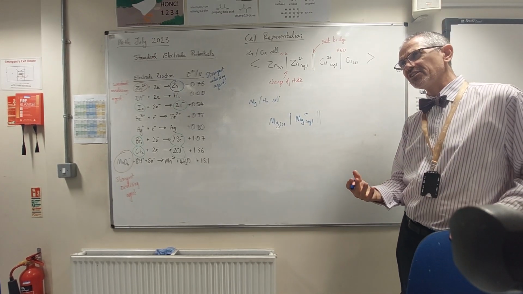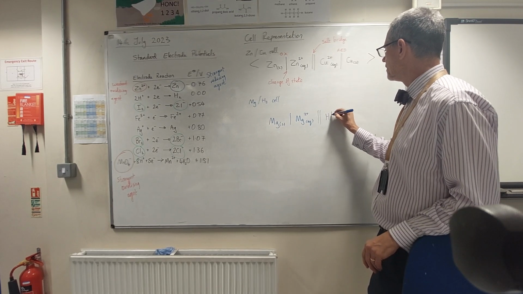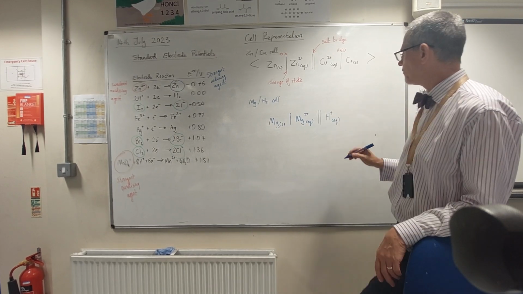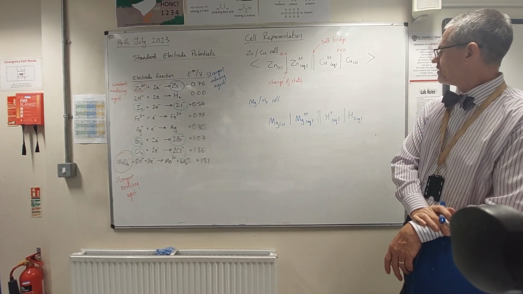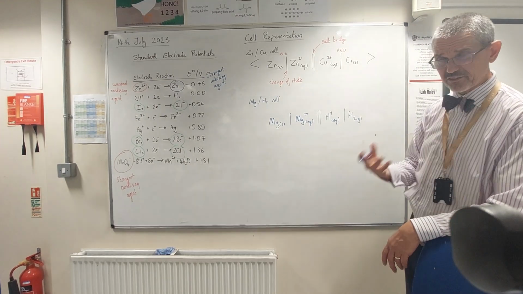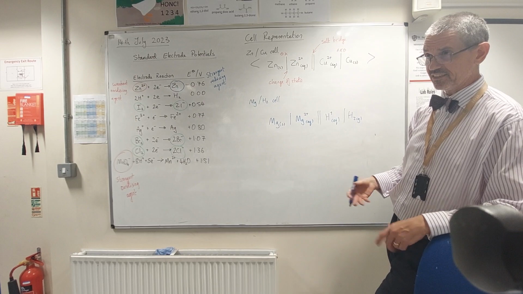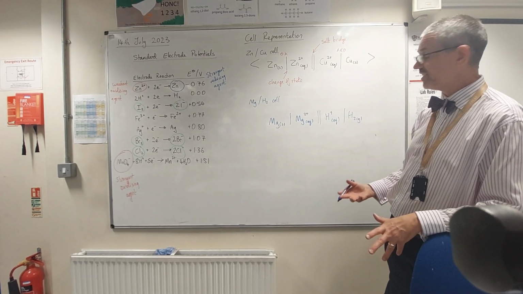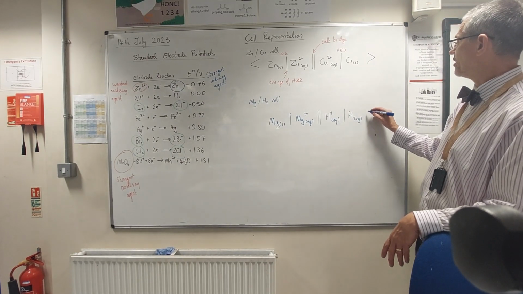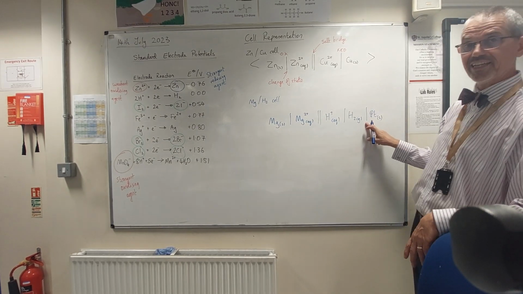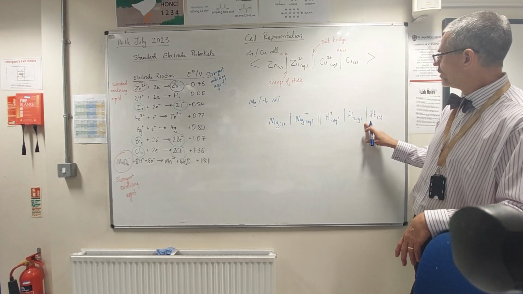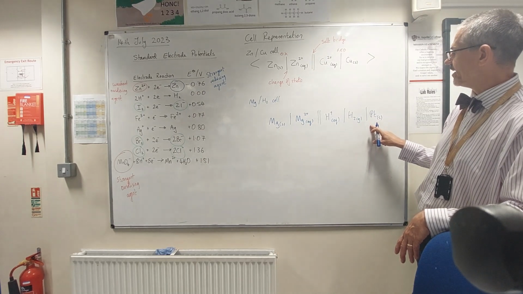What do we have on the other side? Well, we have H+ ions forming hydrogen gas. That's fine, but that's not the end of it, because of course hydrogen ions and hydrogen gas don't conduct electricity, so we need an electrode in there. The electrode is made of platinum, and that's another state change, so we'd need another straight line there.